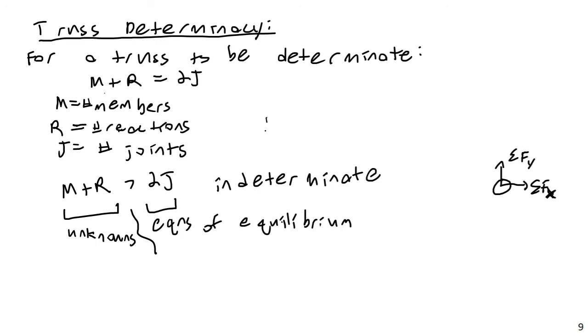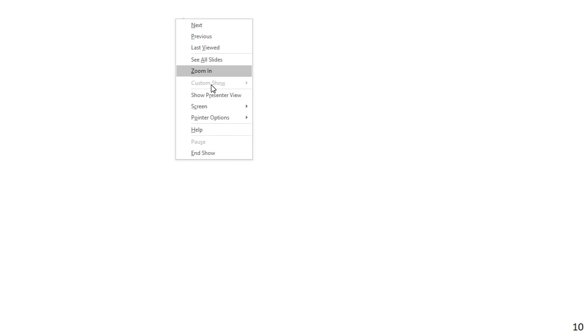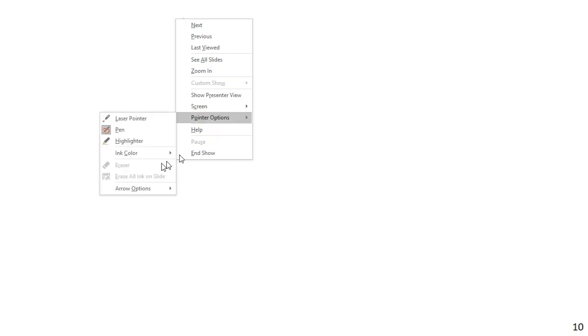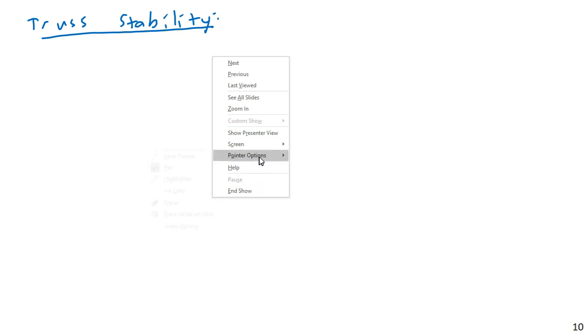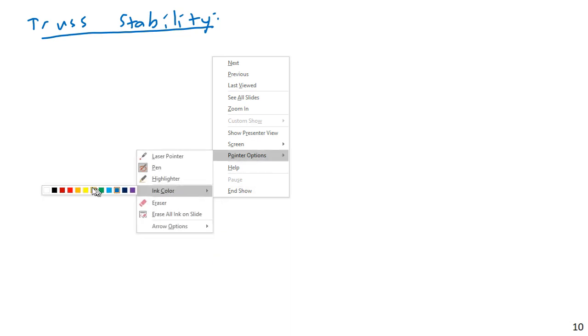Okay. And then next I'd like to look at truss stability, just like we explored briefly for the frames before. We can worry about internal versus external stability.